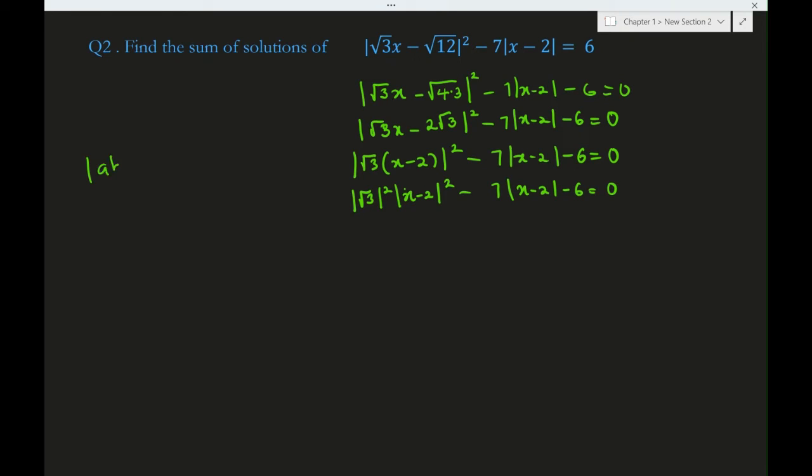So don't forget that the absolute value of AB is the same thing as the absolute value of A times the absolute value of B. So if you have a square here, you can distribute the squares, not a problem. So that is what will happen here. And here, simply this will just become 3. And you have this one.